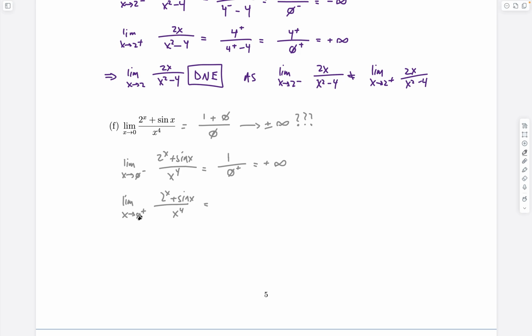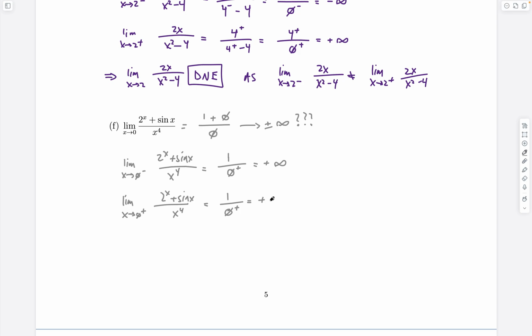Then we do the same thing as I go to 0 from the right side. When I plug in 0 from the right, 2 to the 0 is still 1. Again, if we want to mess around with that, we can, but I'll just call it 1. Sine of 0, still 0. Divided by, now, no matter what, we just established raising something to the power of 4 will always give me a positive outcome. So no matter if I plugged in 0 from the left or 0 from the right, I didn't really care because the outcome was still going to be positive.